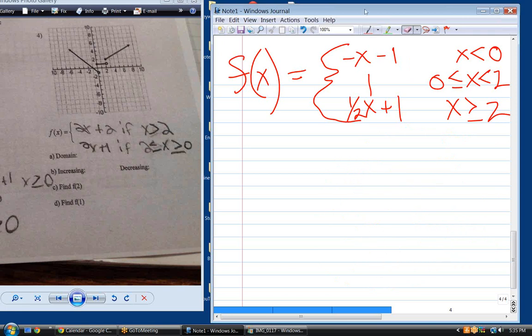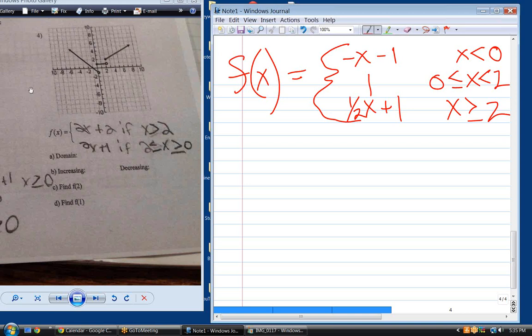Where is it decreasing? It's never decreasing, about here. In other words, know what decreasing means. Decreasing means it goes from upper left to lower right. A function that has a negative slope is always decreasing. You see why that's decreasing?